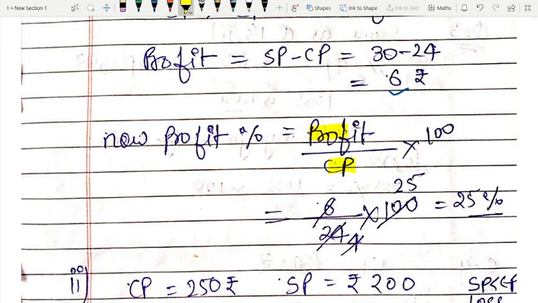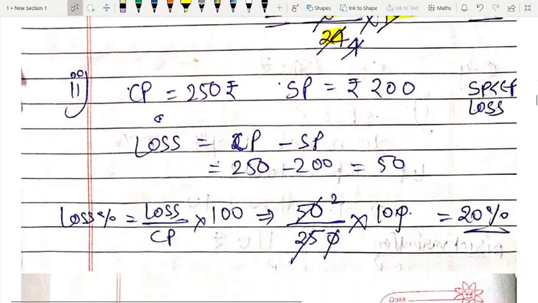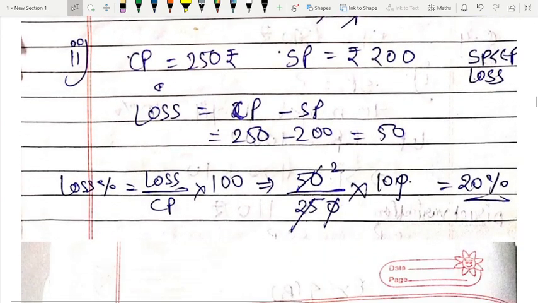Our profit is 6 rupees over which cost price? 24. This 24 we will write in the denominator, and the numerator will be the profit, that is 6 rupees. Multiply by 100, simplify this, and after simplifying you will get the answer 25%.